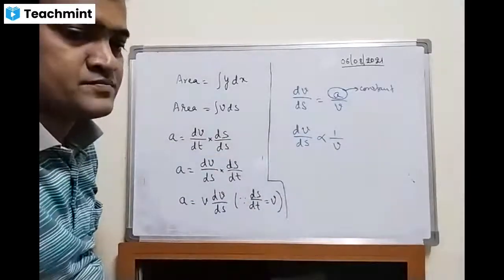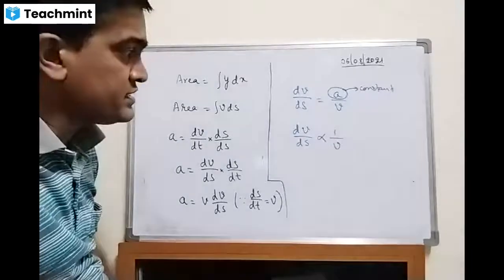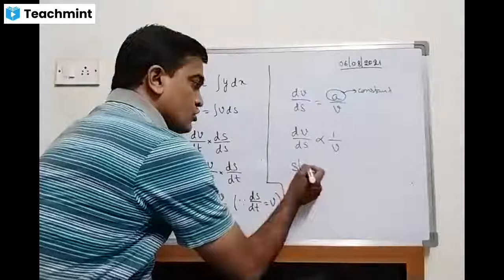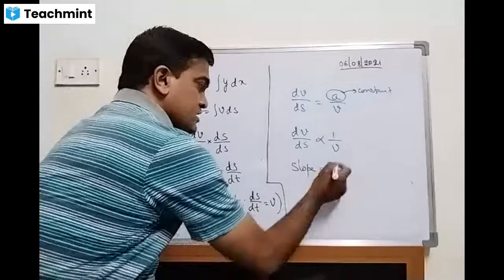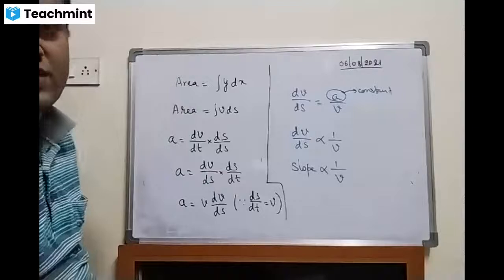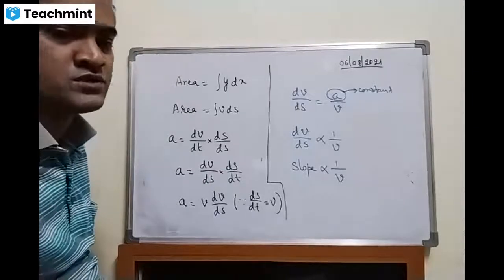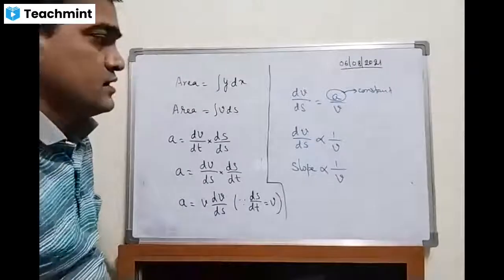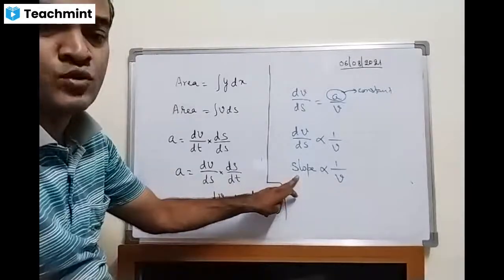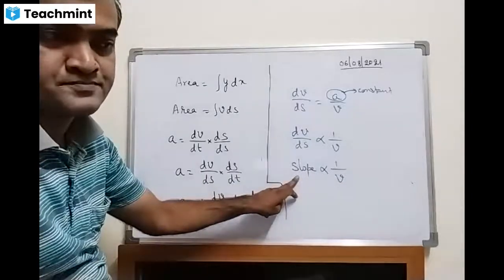So here dv by ds is the slope. I can write slope is inversely proportional to v, or velocity. If v increases, then what happens to slope? Slope decreases.